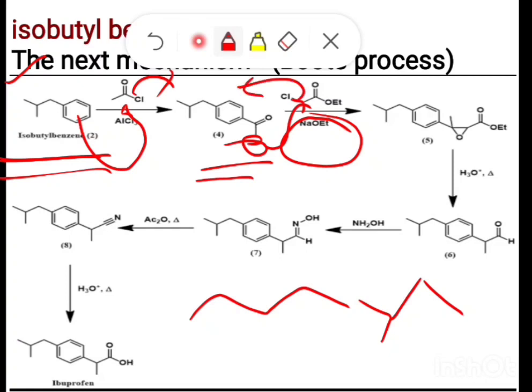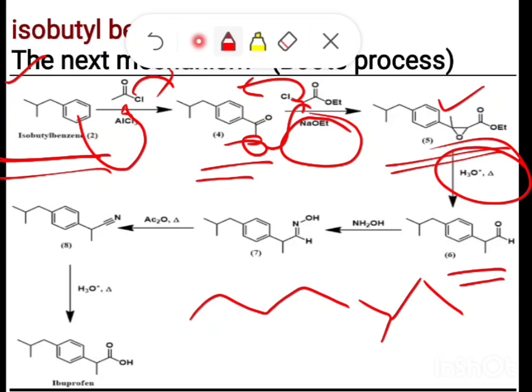So after this, this type of compound is produced. Then when we use H3O+ and heat, the epoxide can be opened and we get this product. Next one, hydroxylamine should react on the carbonyl, so we get this oxime.